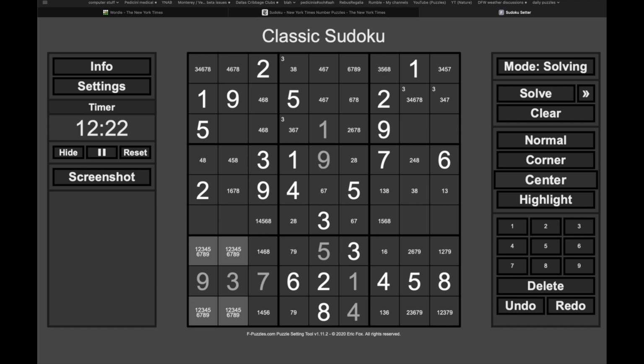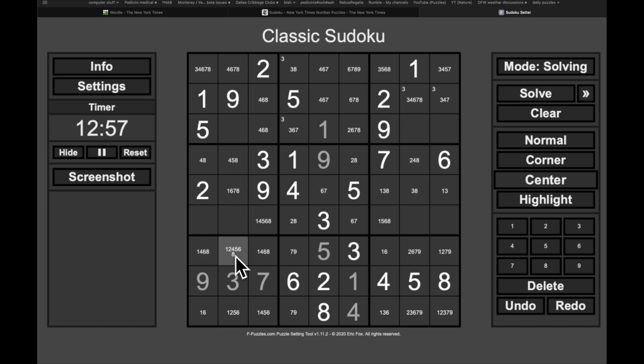Okay, going down to box 7, I don't have 3, 7, or 9 here. Now, these two cells are not 4 or 8. This one can't be 3 or 9. This one can't be 2 or 5. Okay, this is down to 1 or 6. That might help. This isn't 2 or 5.